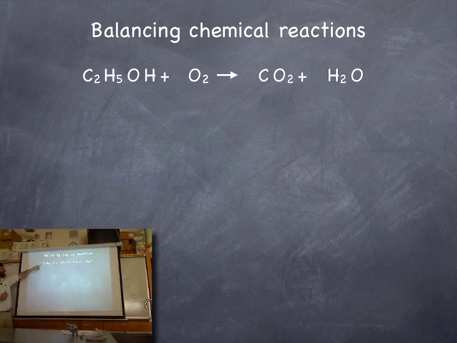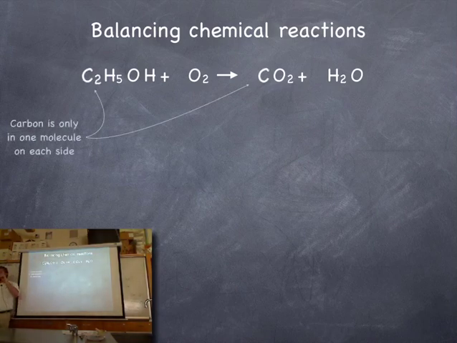For every one of these, how many of these do I have to have? The way to do this is to look for elements that only occur in 1 molecule on each side. That's the first thing to start to balance.